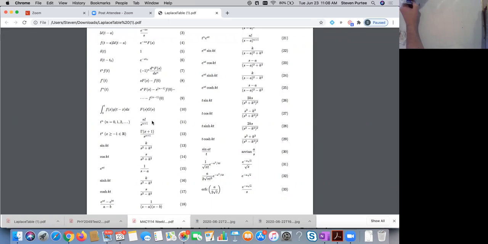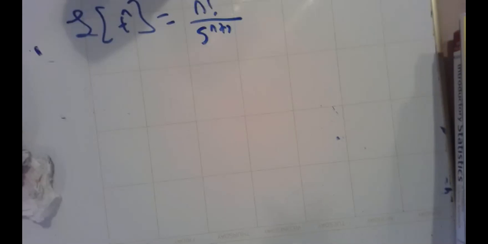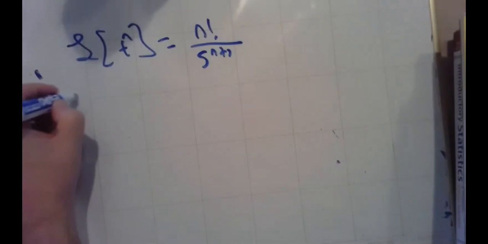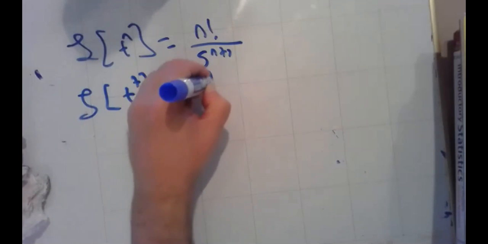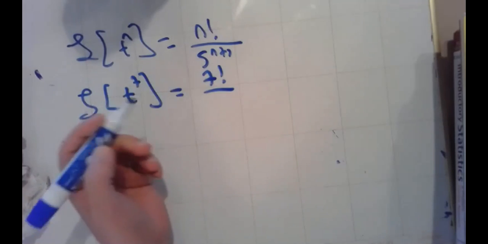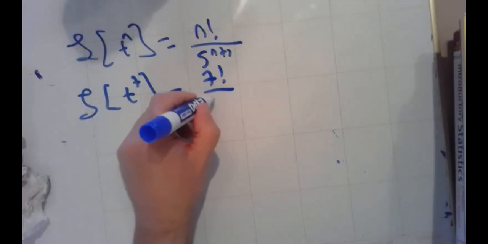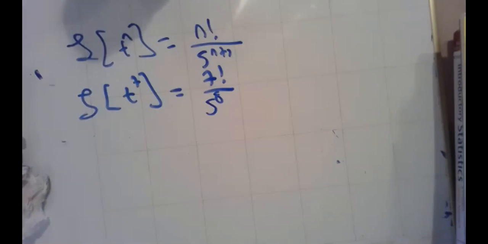So the Laplace transform of t to the n is n factorial over s to the next exponent, n plus 1. So, for example, the Laplace transform of t to the 7th would be 7 factorial, whatever that is, figure it out, over s to the 8th.